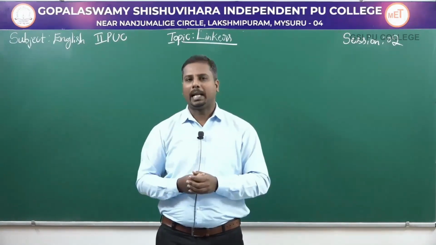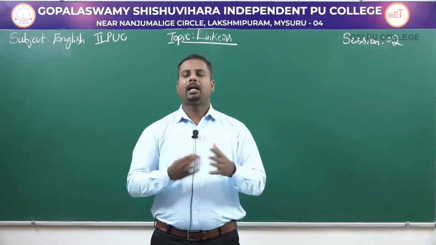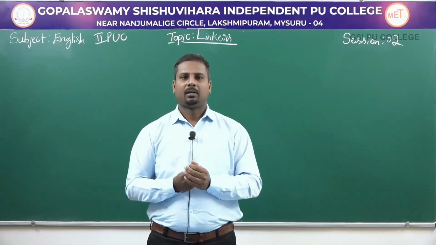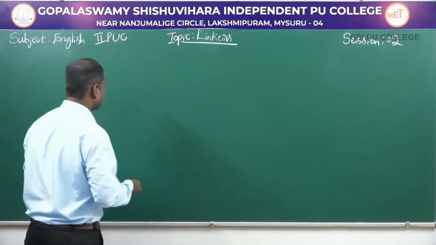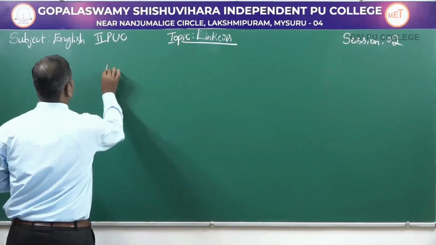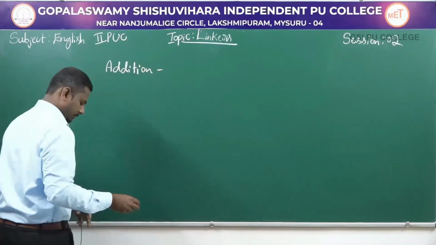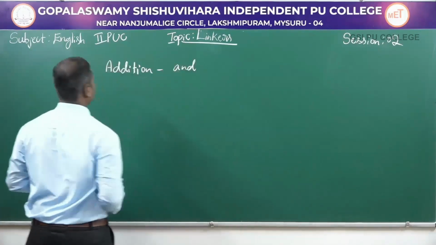Now, there are so many linkers, each one carries its own function depending upon the job that it does between sentences. Now, we have linkers to express addition, words like and.